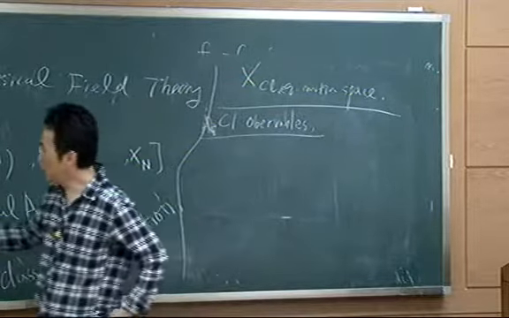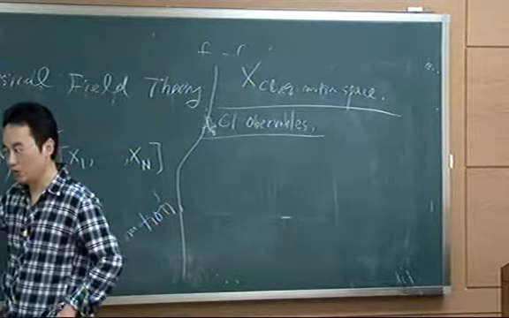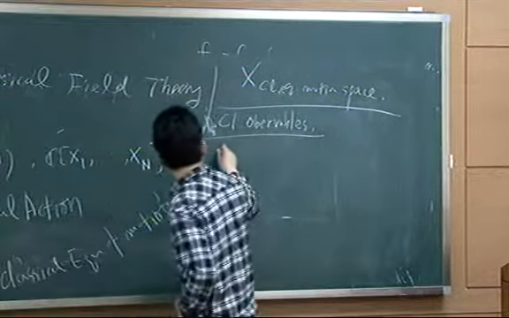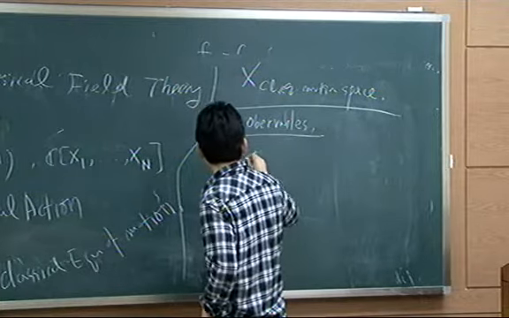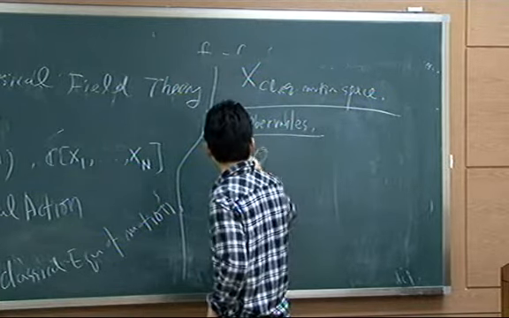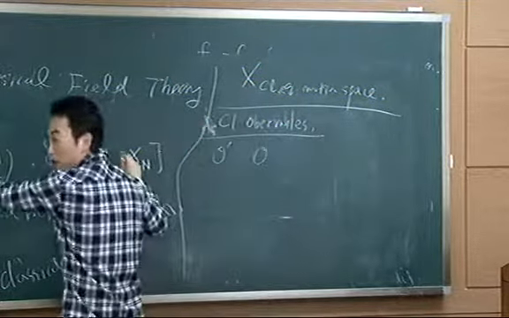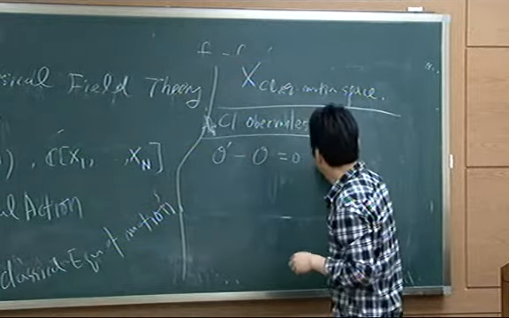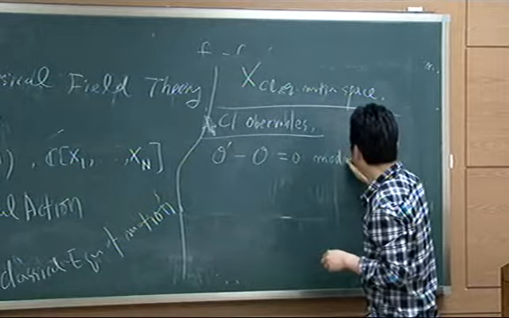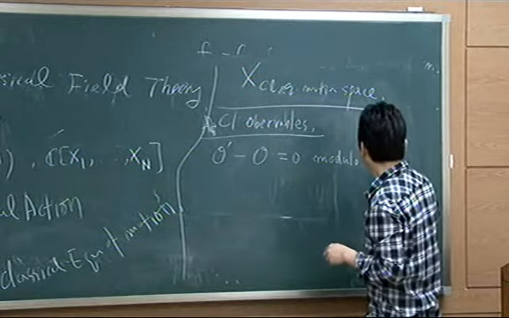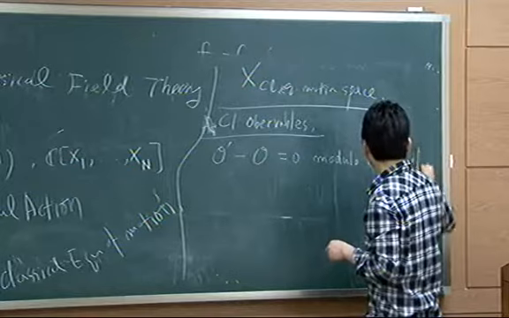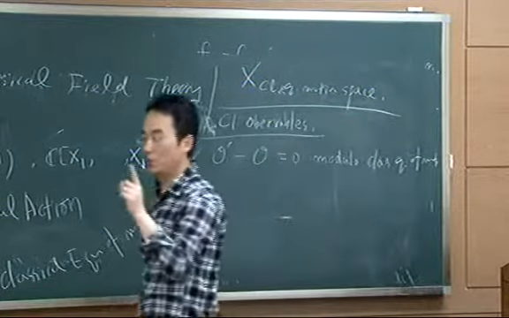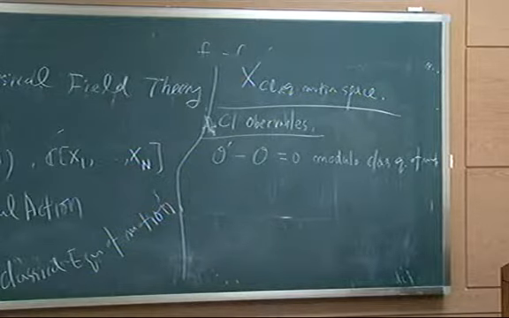Let's just consider all functions, all polynomials. If I have two functions, O prime and another function O, from the original ambient space, whose difference is 0 modulo the classical equation of motion, then the classical observer would regard them as the identical thing.